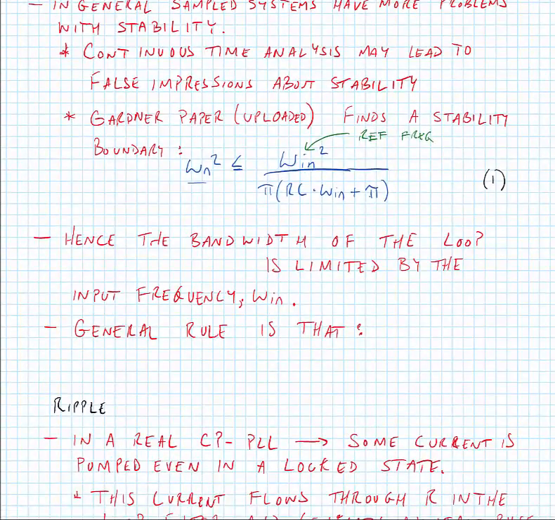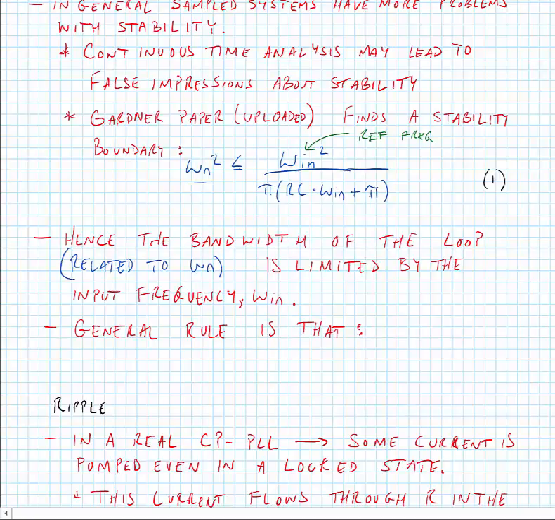So what we see here is that the bandwidth of the loop, which is related to omega little n, is limited by the input frequency omega N, or the reference frequency is really what we should say.